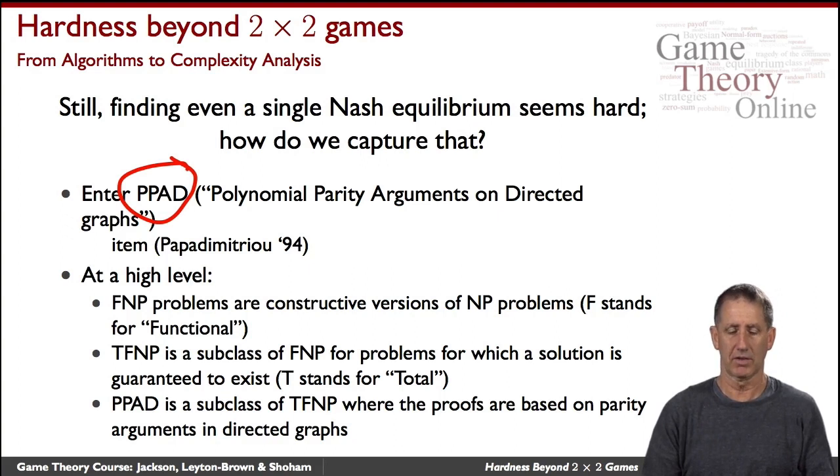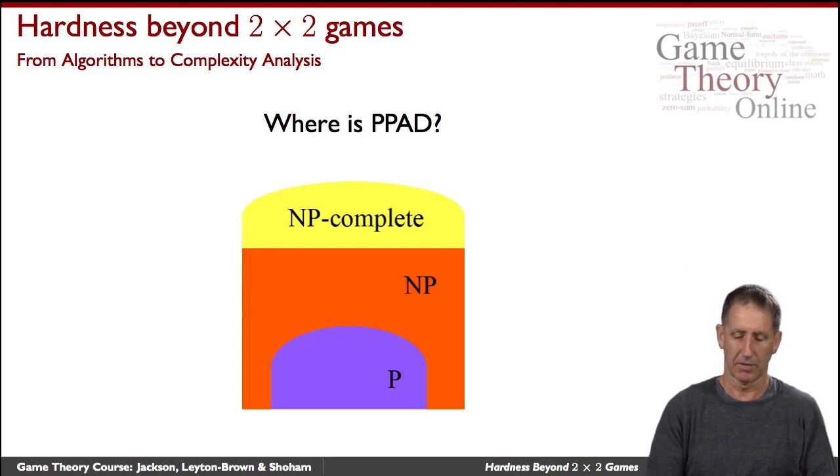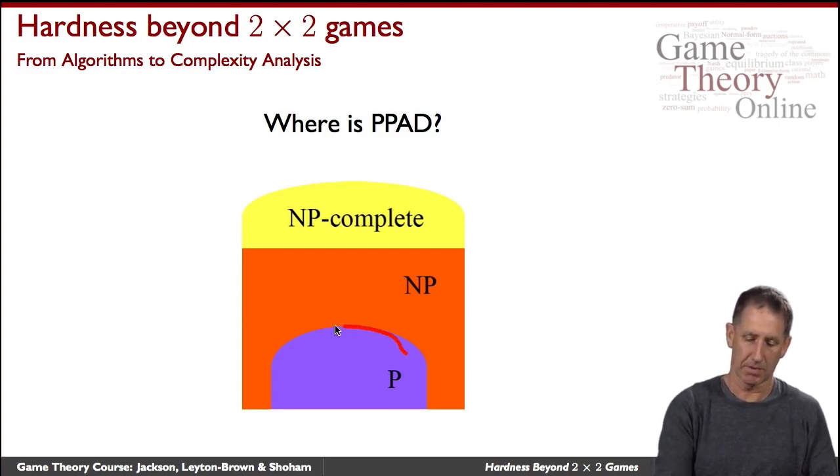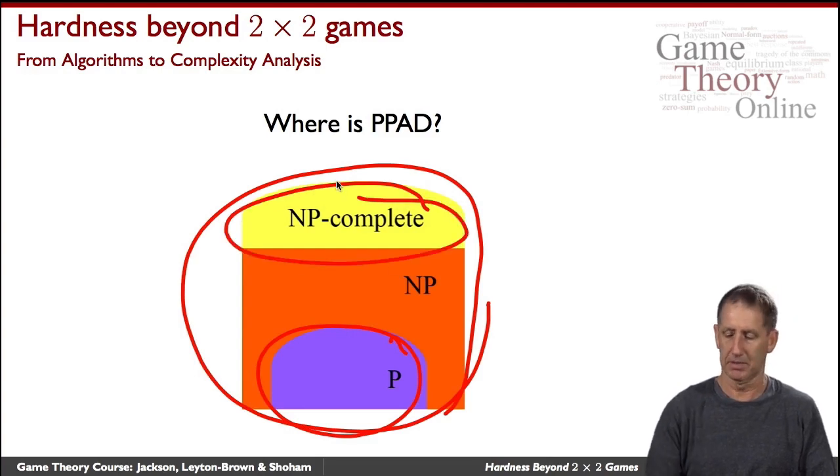Going into detail here is beyond the scope of what we want to speak about, but it does help us now position the complexity of finding a sample Nash equilibrium in the complexity hierarchy. And again, we have the class of polynomial time problems, of problems that can be verified in polynomial time, with these being the hardest among them.